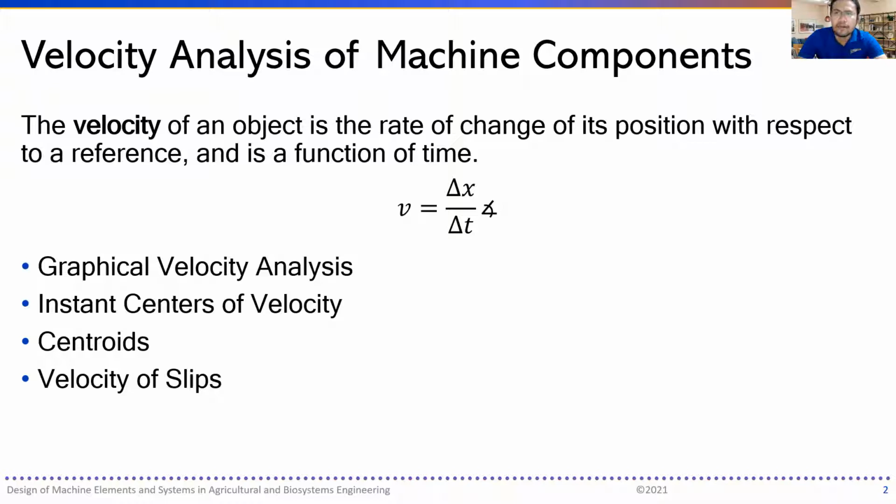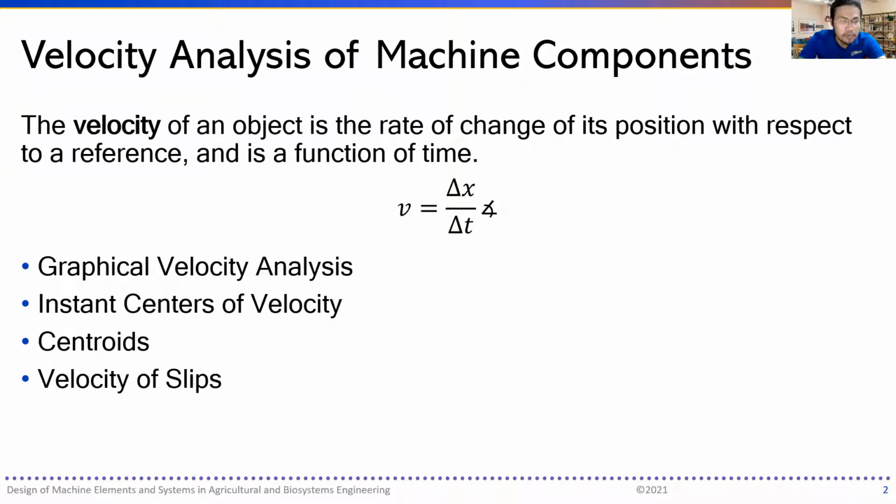Now, there are four main topics to be discussed in velocity analysis. We have graphical velocity analysis, instant centers of velocity, otherwise referred to as instantaneous axis of velocity, or IAOV. And the centroids, a more advanced topic related to the IAOV, or the instant centers of velocity. And the next would be velocity of slips.